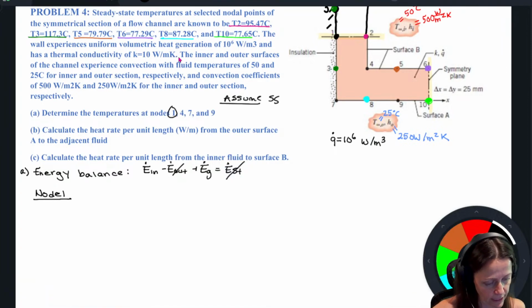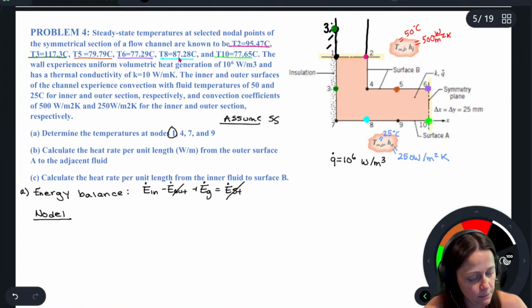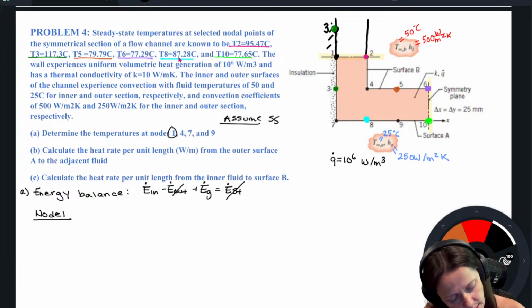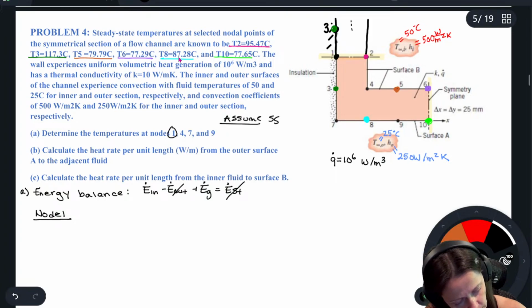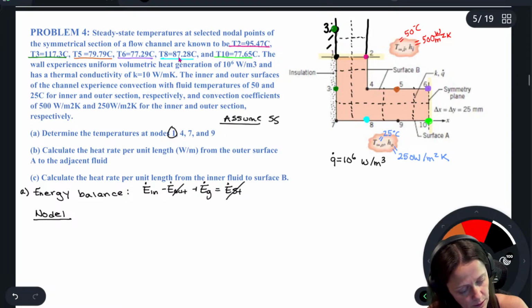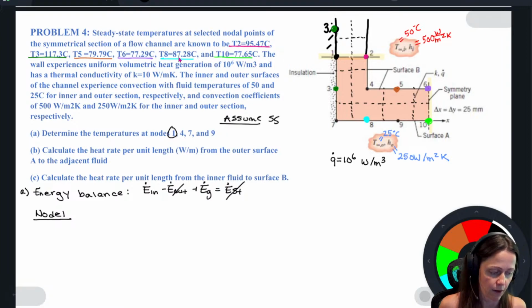So let's do that. And then I will also draw my mesh so it's really obvious when I have a half area versus a whole area. A little dotted line right halfway between each of those guys. All right.